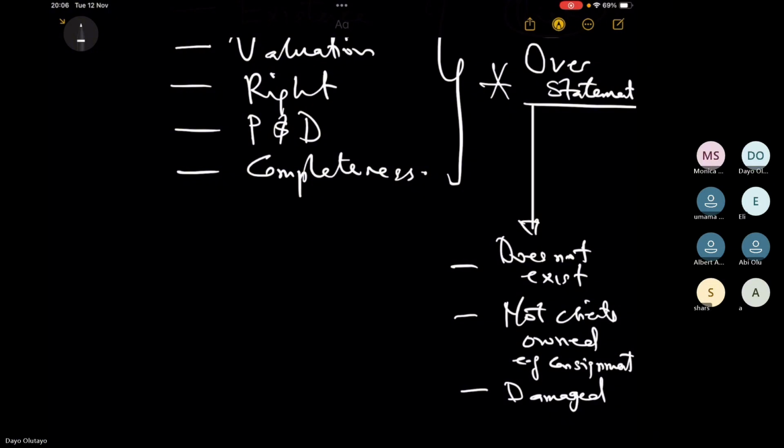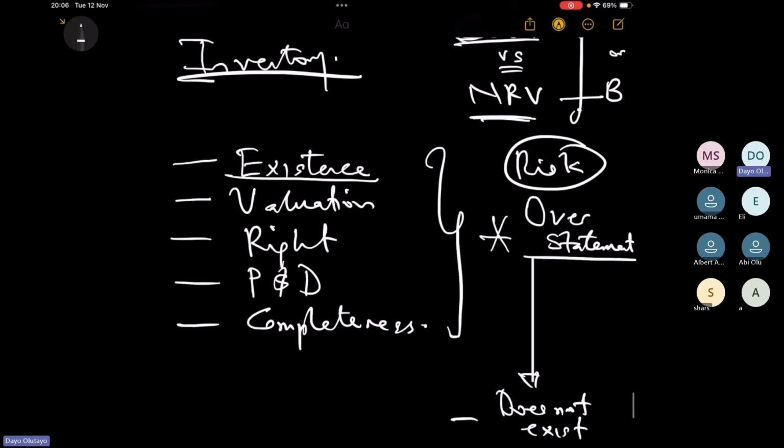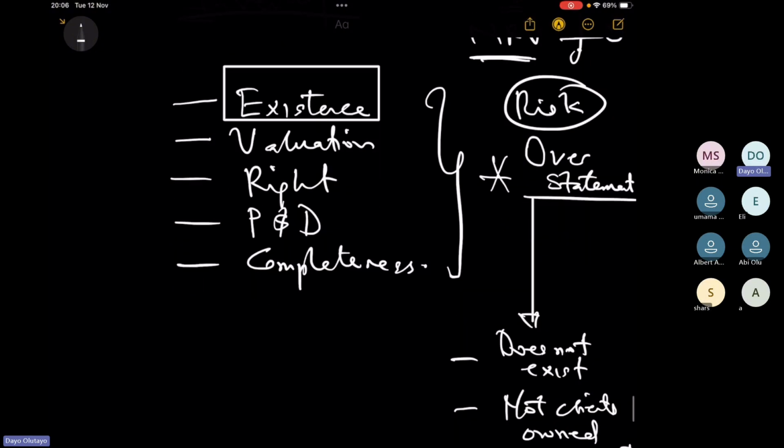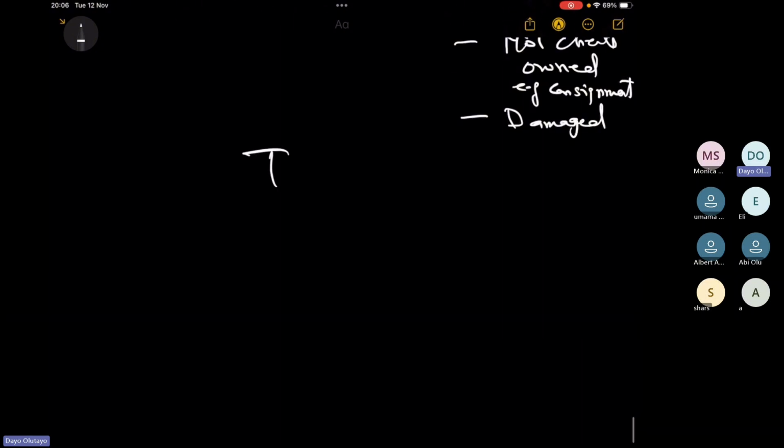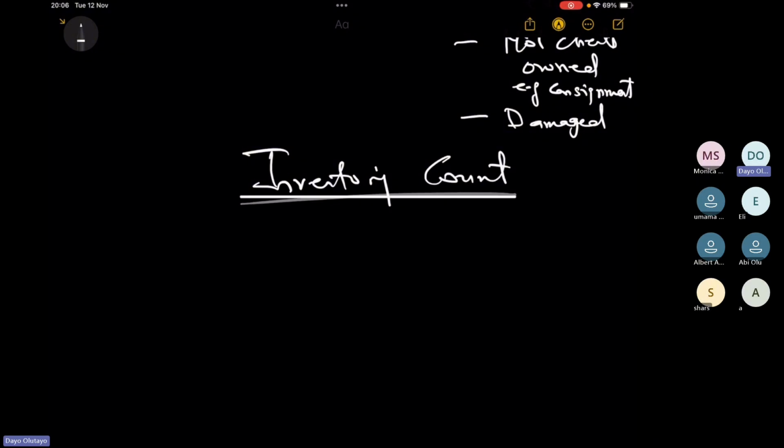Right? So where do we start from? Let's start from existence. How do we confirm that inventory exists? You all know it. The most important way is through inventory count. So the same way confirmation is very critical for account receivable, the same way inventory count is very critical for inventory, because inventory count addresses a lot of assertions.